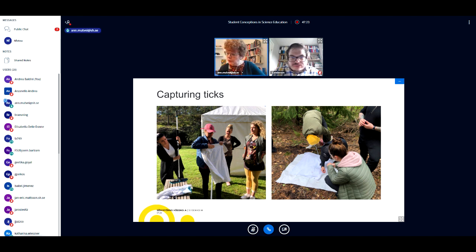Yes, so in the Stockholm area, we have an increased spreading of TBE and Borrelia infections, and health authorities encourage people to get vaccinated against TBE. And TBE and Borrelia are caused by ticks.